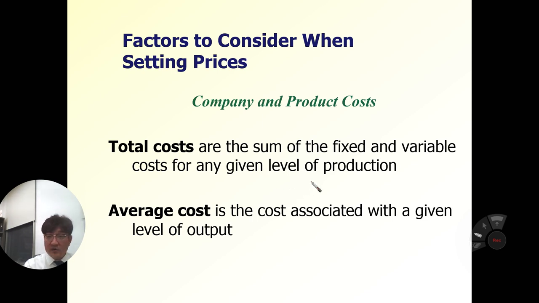Then the total cost is going to be different when you make 40,000 or something like that. The average cost is the total cost divided by the number of units. That is the average cost per unit: the total cost divided by the production level.